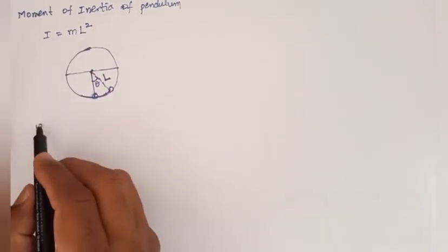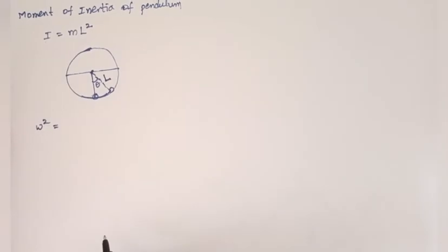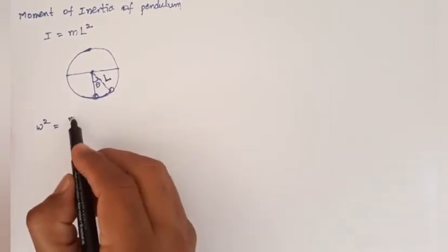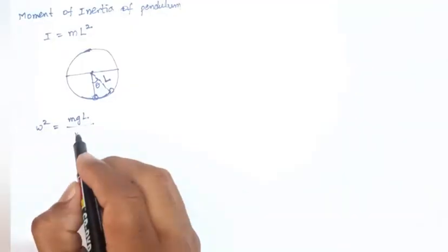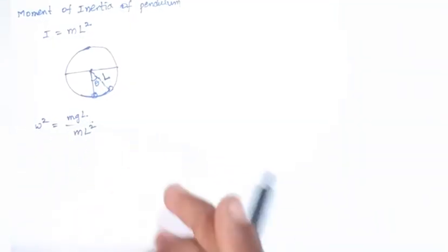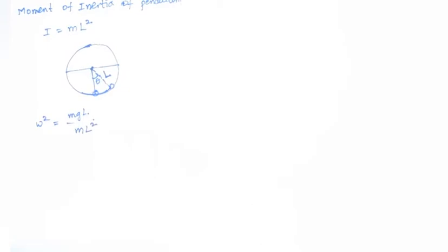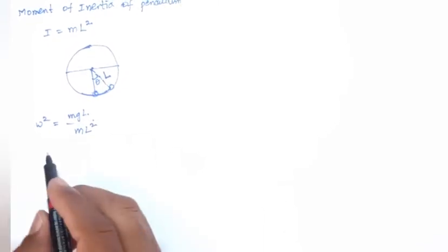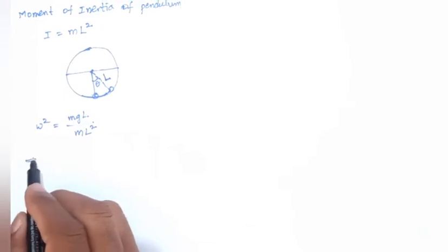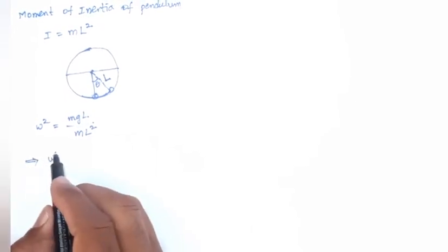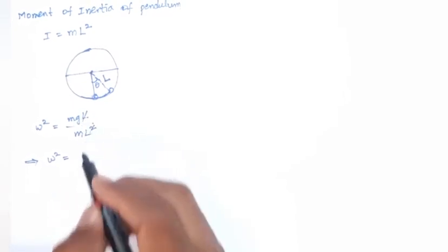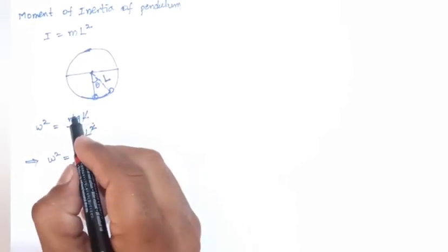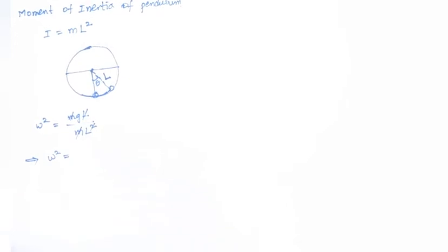So omega square equals mgl by I, and I equals ml square. L gets cancelled, and m gets cancelled.